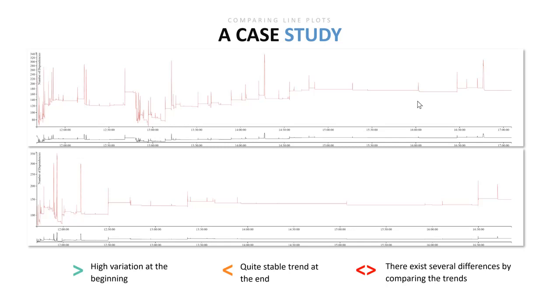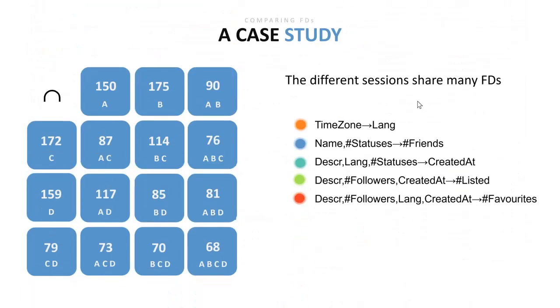In general, we can notice that the trends present several differences, especially for the first hour of the execution. Instead, by analyzing the number of discovered FDs at the end of the several sessions, we can notice that such number is quite similar.